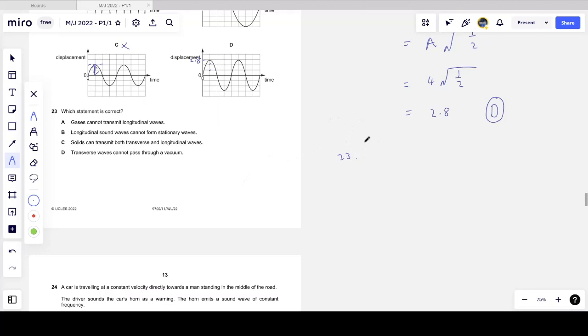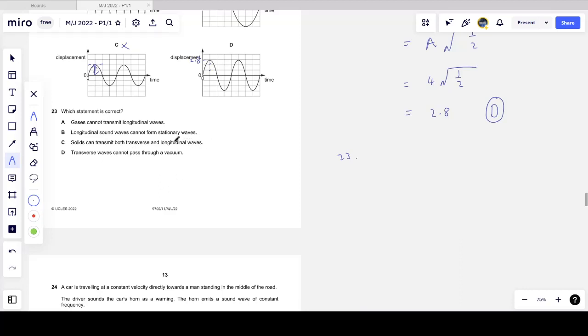Okay, question 23 says, which statement is correct? Gases cannot transmit longitudinal waves. Longitudinal waves cannot form stationary waves. Solids can transmit both transverse and longitudinal waves, and transverse waves cannot pass through a vacuum.